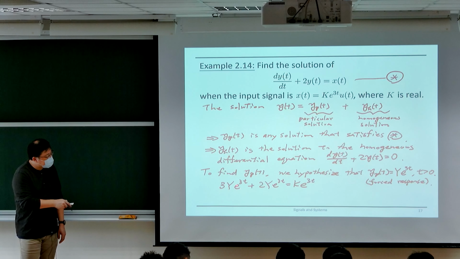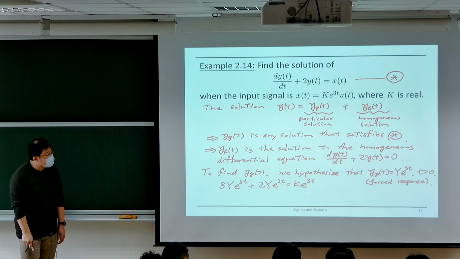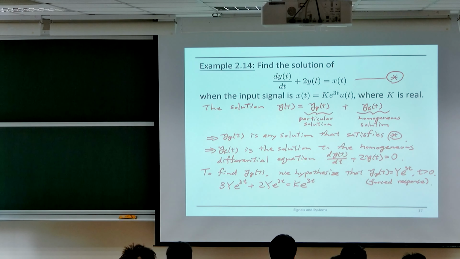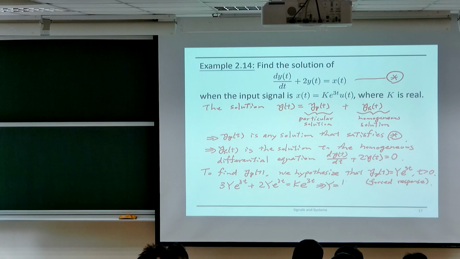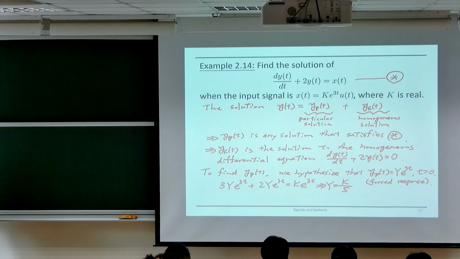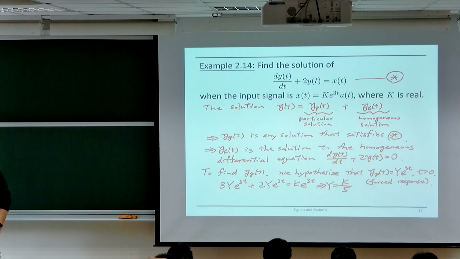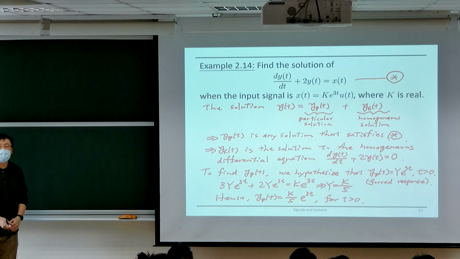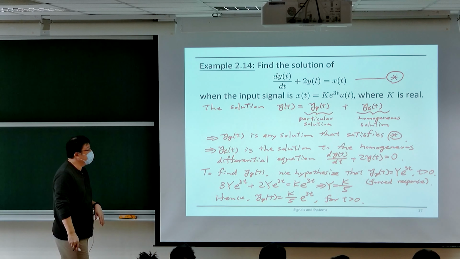If you cancel out e to the power 3t, which appears on both sides, then you can find that this equality holds if y is equal to k over 5. So this tells us that y sub p of t equal to k over 5 e to the power 3t is indeed a solution, at least for t greater than 0.